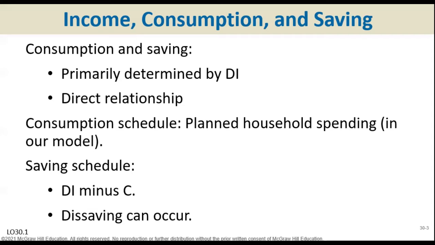And households save a smaller proportion of a small disposable income than of a large disposable income. And you see the concept of dissaving here, which happens when a household consumes in excess of its disposable income.